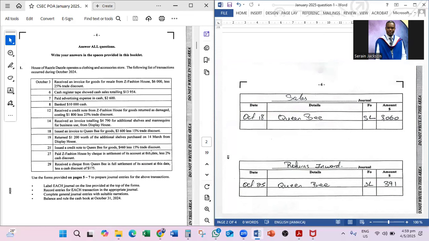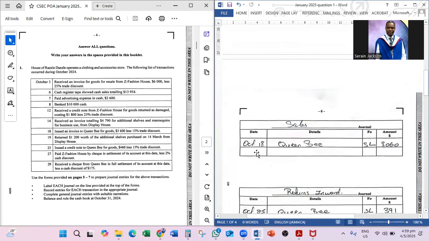October 27, paid Z Fashion House by check in settlement of his account at this date, less 2% cash discount. Now, I want you to pay attention to this. You may be saying, how is it that I don't see any figure for this? What should I do? But if you look back, Z Fashion House are your supplier. You buy products from them, not true?